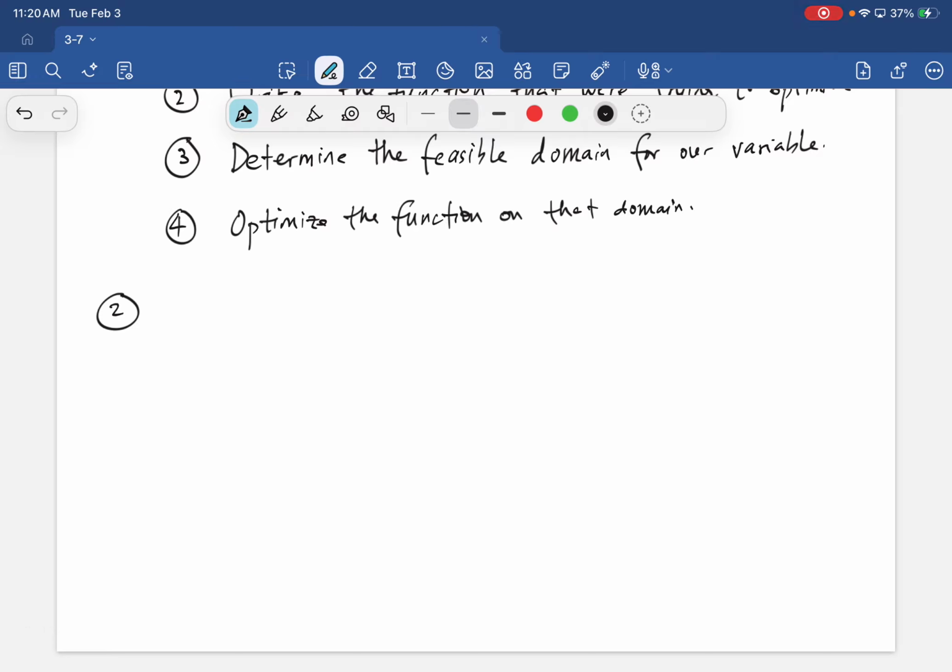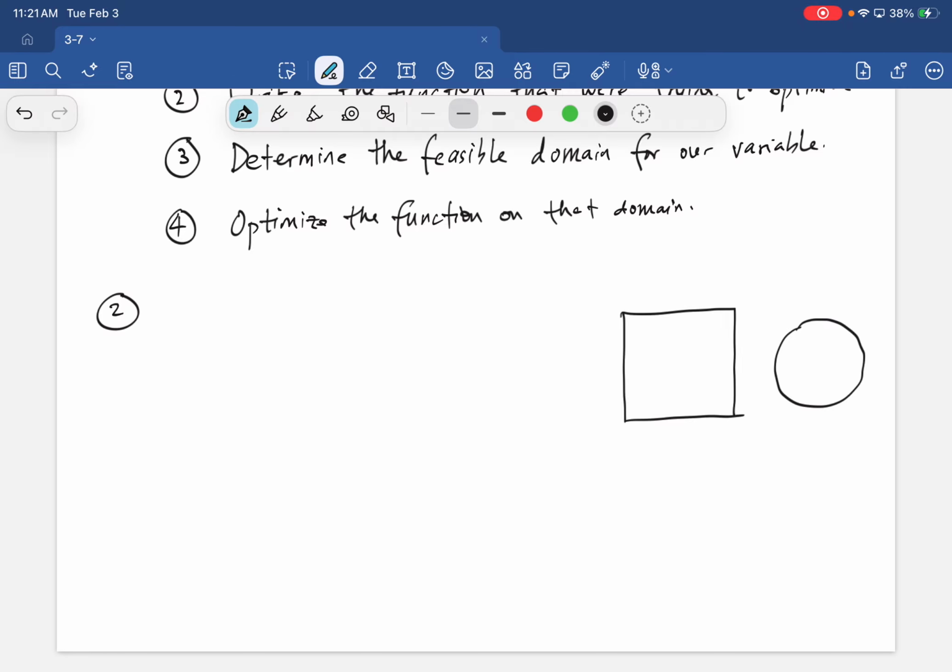So the maximum is if the square has this side length and r equals 2 over pi times 1 minus x.